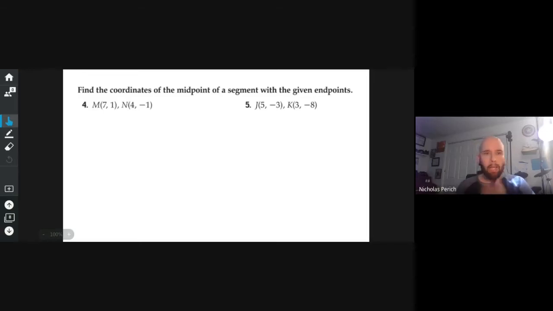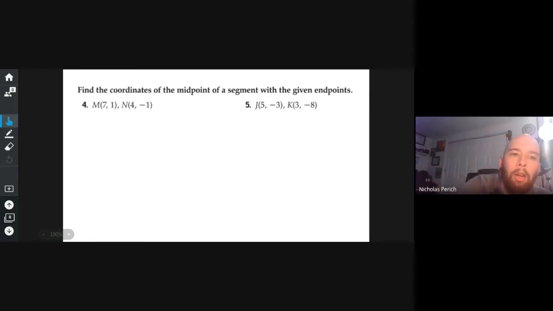Great. So I can look at these and know right away that I have 5.5 and 0. Now, what kind of sorcery allowed me to do that? No sorcery whatsoever. In my mind, I add up the x values, 7 and 4, 11, divide that by 2, 5.5. I also add the y values, 0, divide that by 2, 0, done.